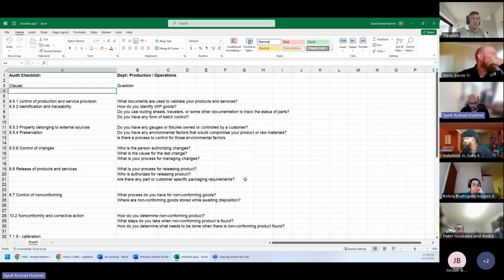I can also start my audit with 6.2, objectives. What objectives are set for production? That is another good approach.